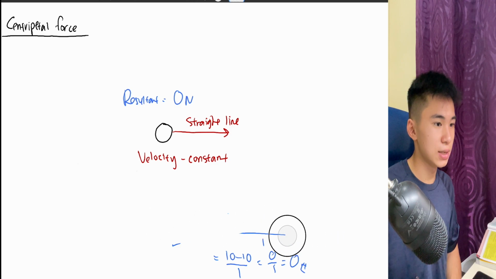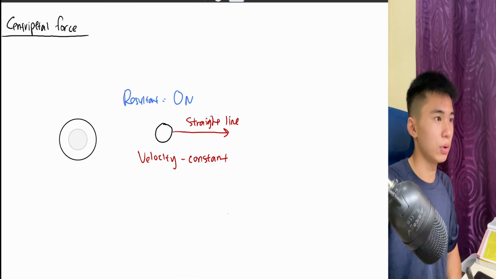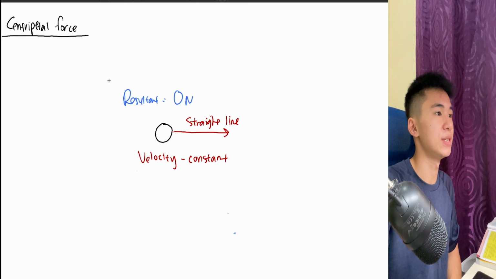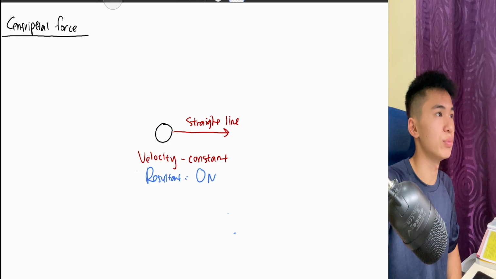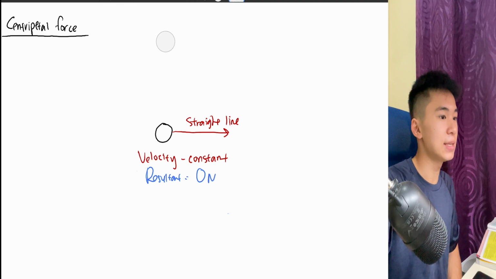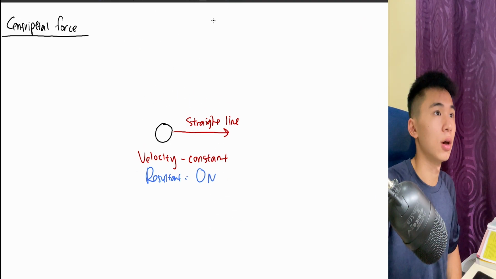Okay, let me just erase this first. We know the resultant force is going to be 0 here. And let's say we suspend this object from a point. Let's say this is our pin, and we suspend this object with a string.